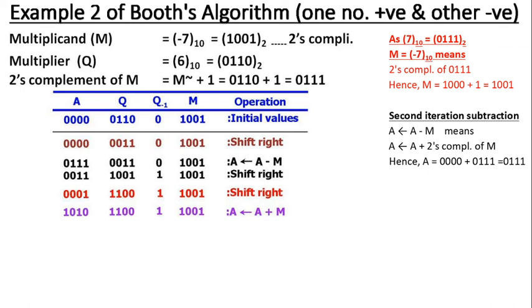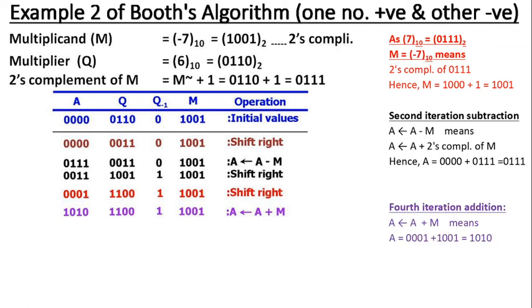So A is 0001 plus the contents of M, which is 1001, shown at the top just below that heading. Multiplicand M is 1001. So whenever we perform the addition of these two, the earlier iteration's value of A, 0001, plus the multiplicand M, that is 1001, the addition of these two will give 1010 here.